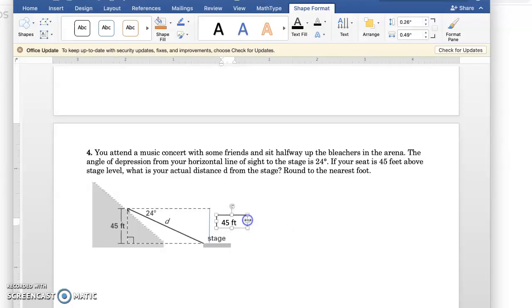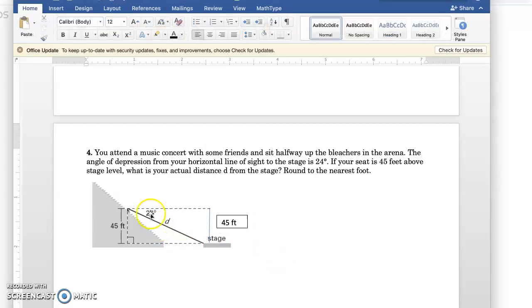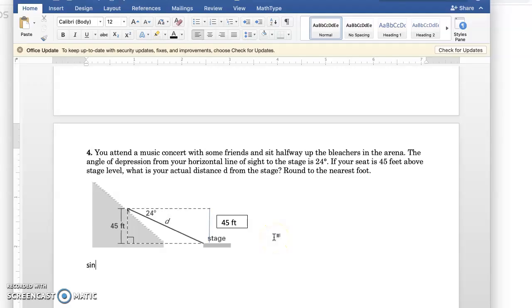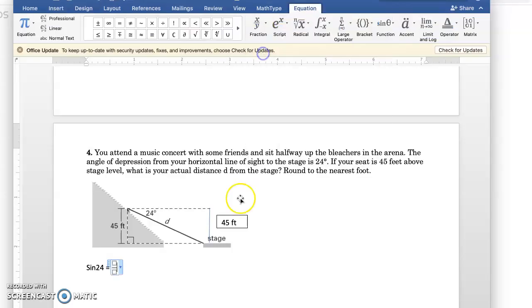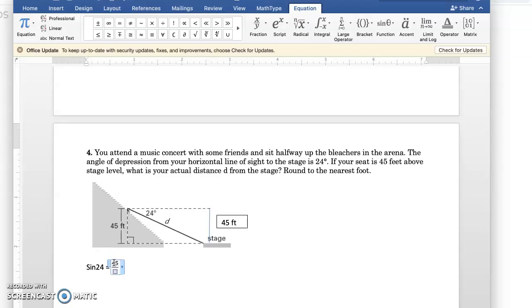And if I'm trying to determine what trigonometric function I should use, I see that I have an opposite side, and I see that D is the hypotenuse, so I'd want to use sine. So in this example, I'd have the sine of 24 is equal to opposite, which is 45, over hypotenuse, which is going to be D in this example.